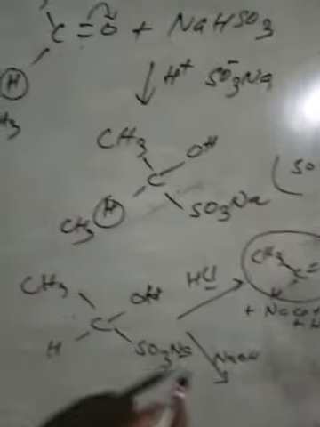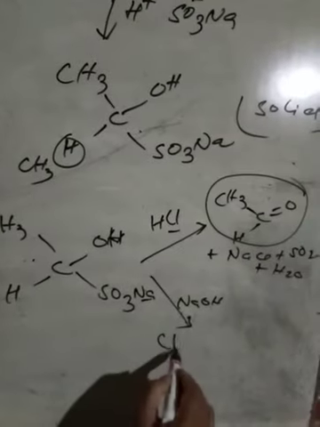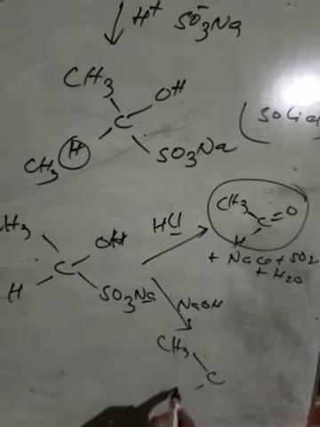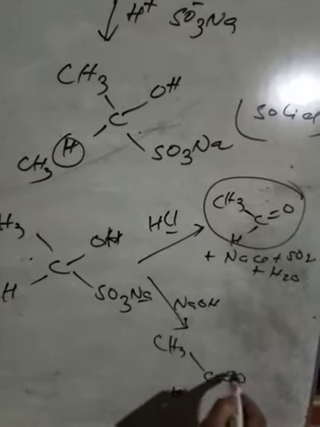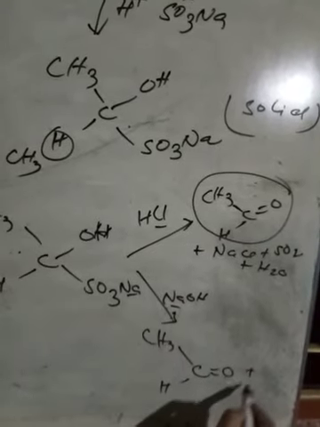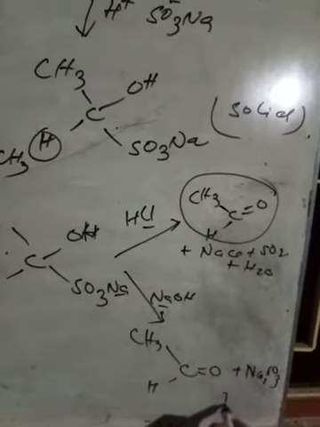If you add alkali to this bisulfite compound, then you will again get this aldehyde, and the other product is Na2SO3 plus H2O.